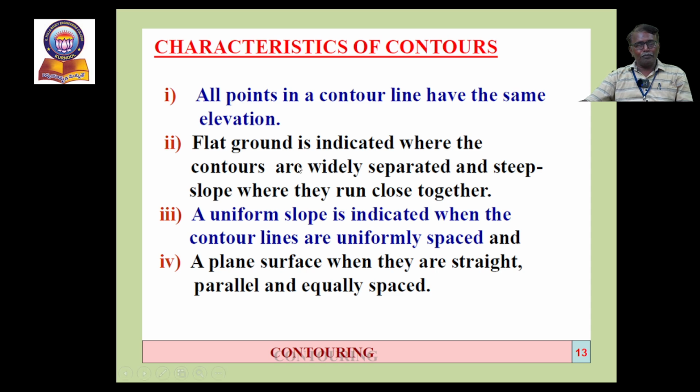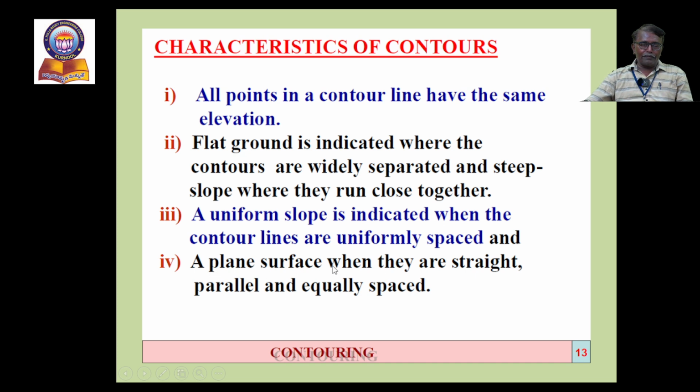At the same time, when the contour lines are widely separated, that indicates flat ground. Next, the third one: a uniform slope is indicated when the contour lines are uniformly spaced, and a plane surface when they are straight, parallel and equally spaced.